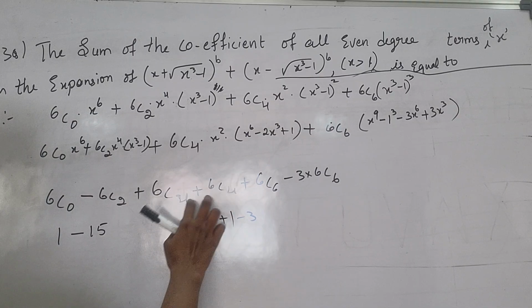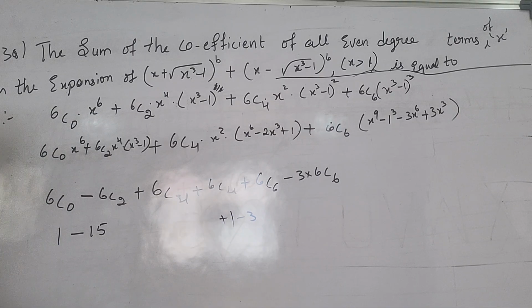Then this will become what, this both will be how much, 6 5 4 3 by 1 2 3 4. 2 ones, 2 3s, 15. So that is also 15.